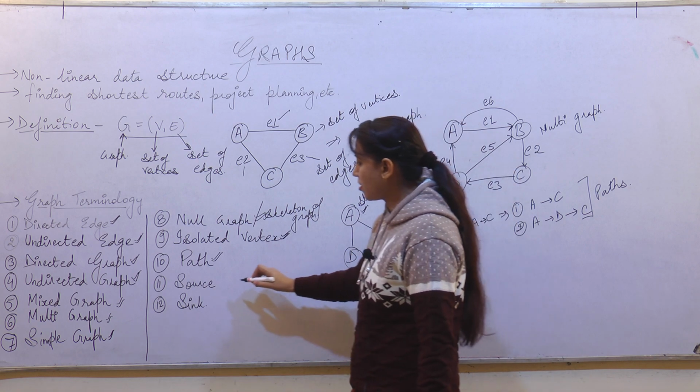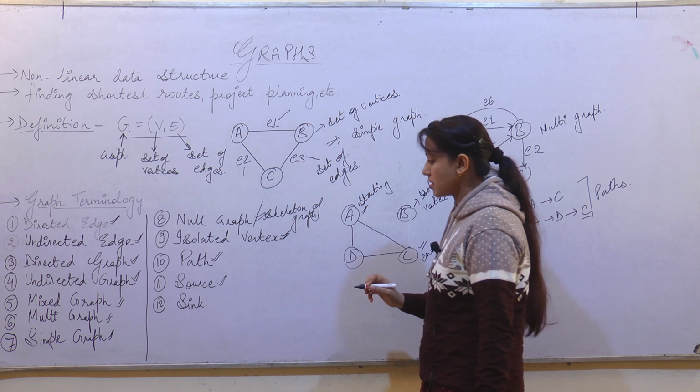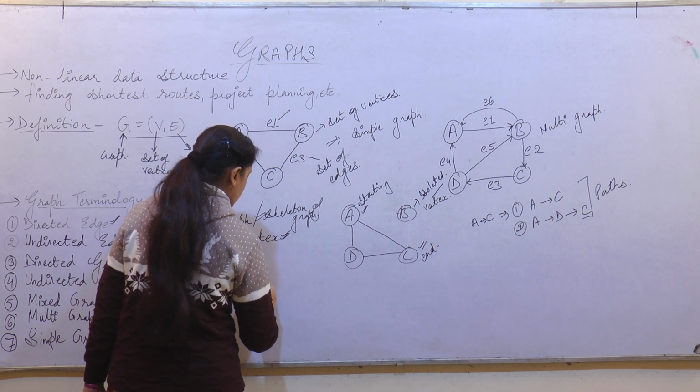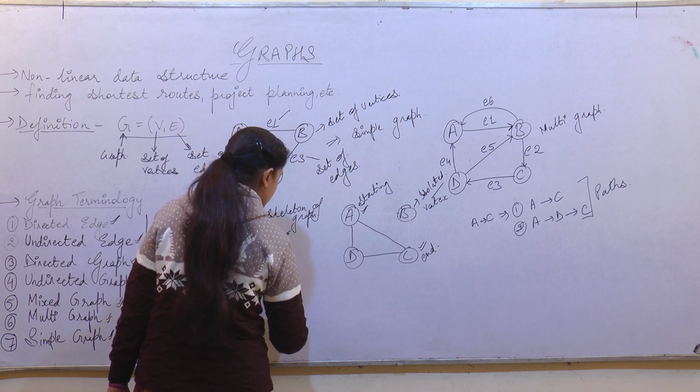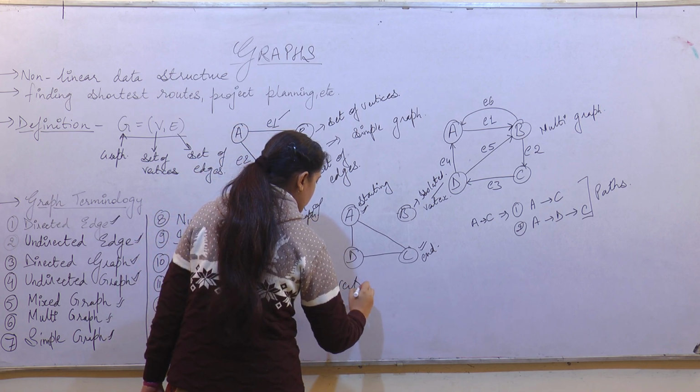Now the next terminology is source. Source is also known as the starting node or vertex.